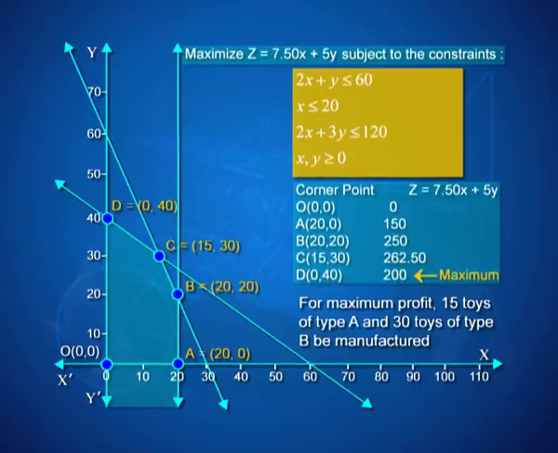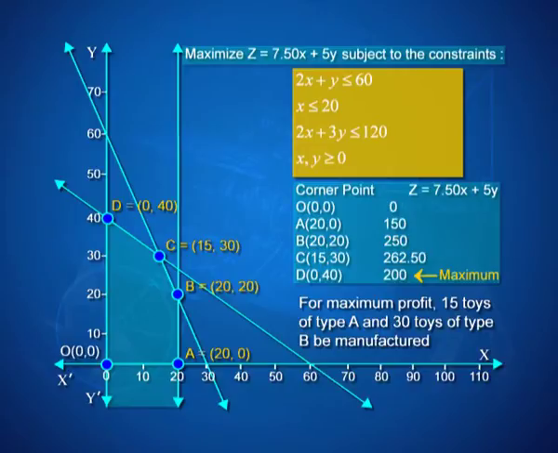In this problem, I have 5 corner points. What the method requires now is that you evaluate the objective function at these corner points. That means, I will now evaluate z, which is 7.50x plus 5y, at all the 5 corner points.